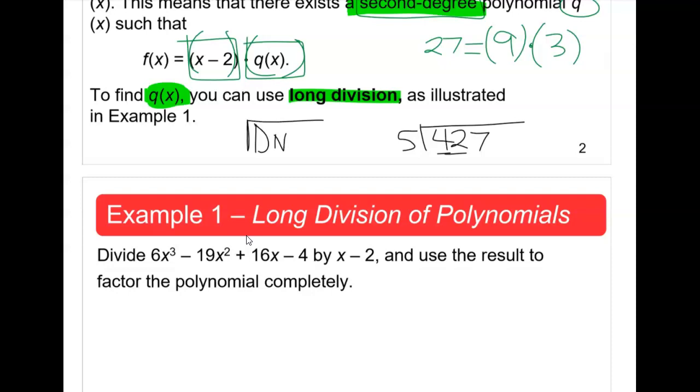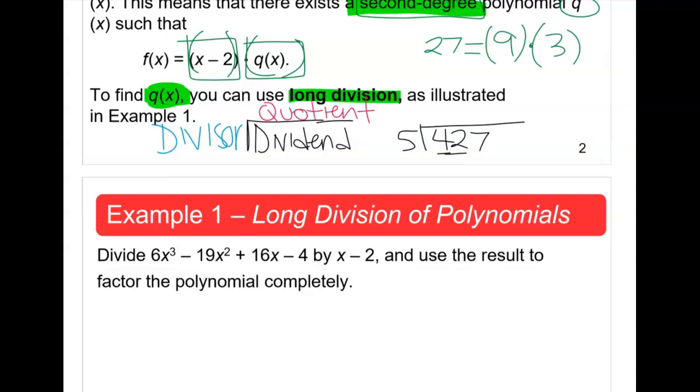The number inside the division symbol is called the dividend. The number, or polynomial, outside, the one performing the division, and I don't mean you, is the divisor. What we get as the result is called the quotient.